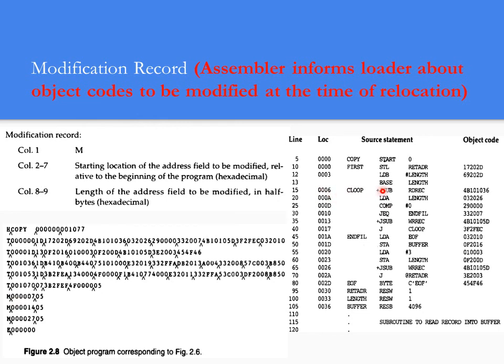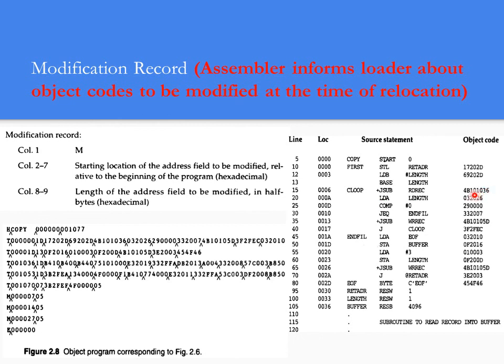The address of plus JSUB is 006. So the object code 4B will be stored in location 6, next 10 in location 7, next 10 in location 8, and 36 in location 9. That is why in location 10, that is A, you have the next instruction.